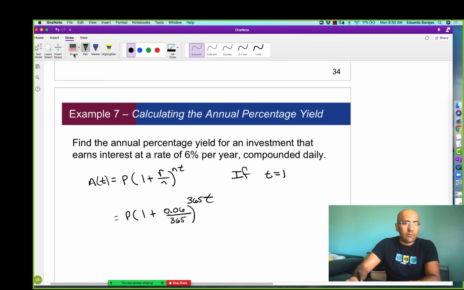Then this would be equal to 1 right here. And then this is just some number we can figure out.